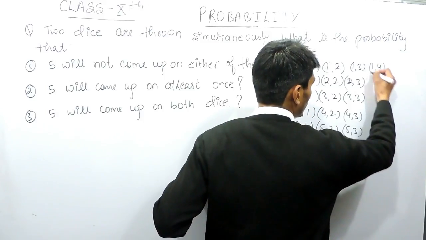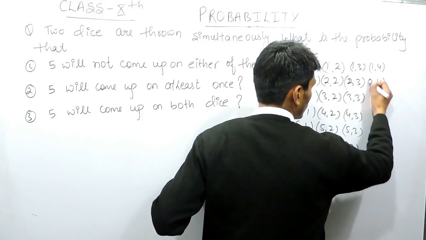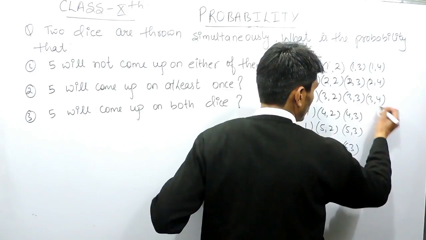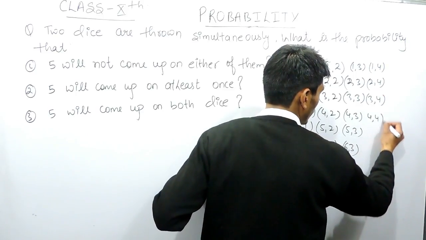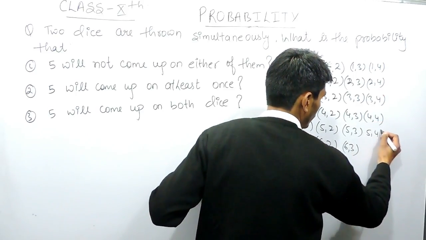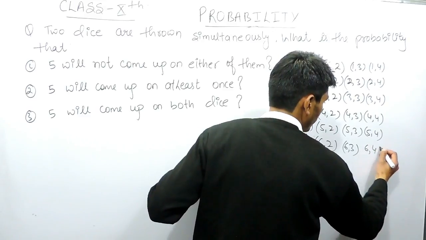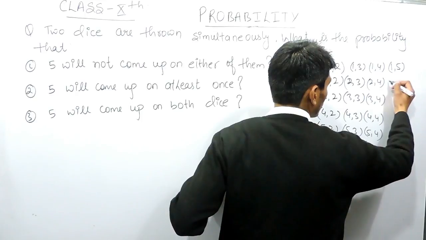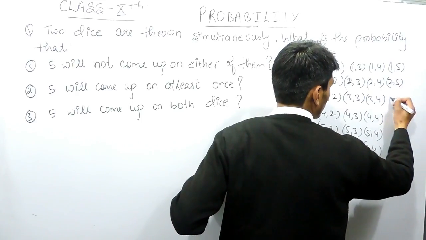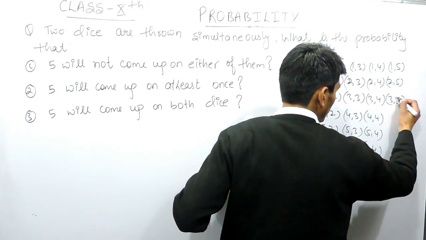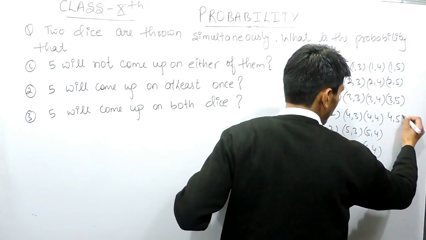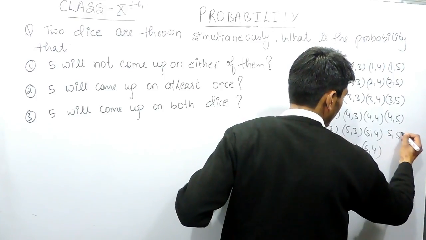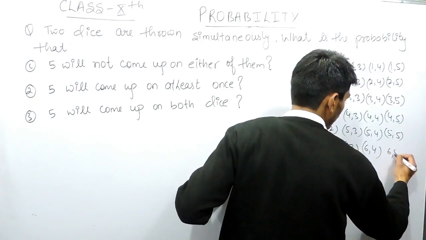Then 1 and 4, 2 and 4, 3 and 4, 4 and 4, 5 and 4, 6 and 4. In the next, 1 and 5, 2 and 5, 3 and 5, 4 and 5, 5 and 5, and 6 and 5.